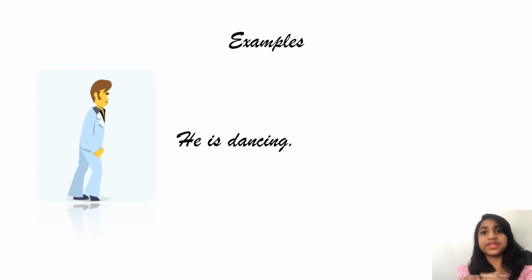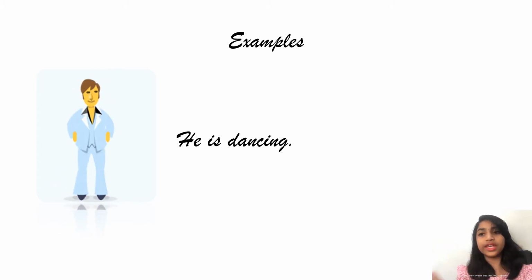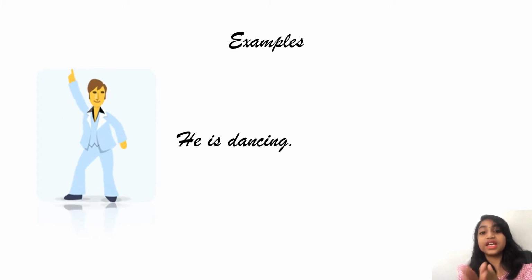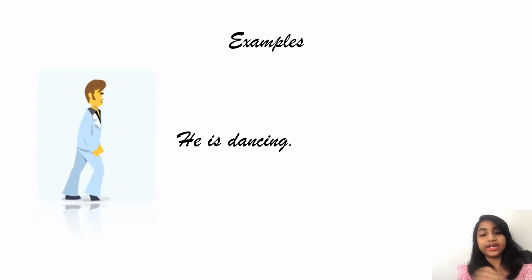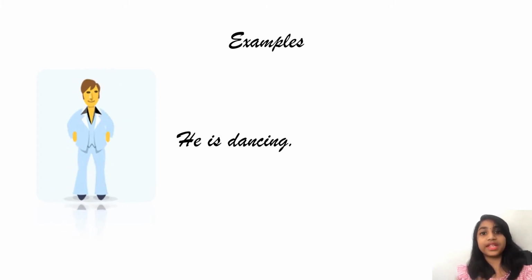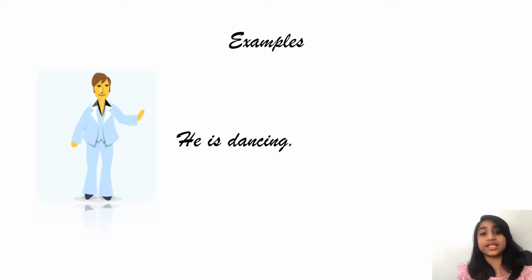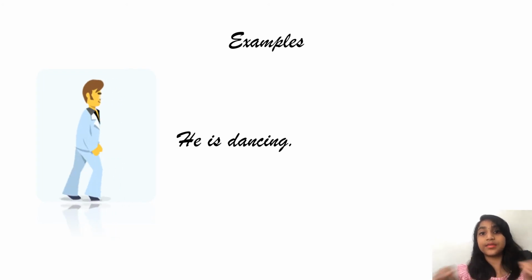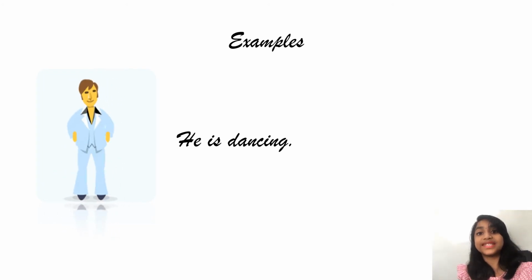He is a third person singular, so we use is. Dancing: if we split it into two, dance is the verb and ing is the helper. Okay, so we get this sentence complete and it is in the present continuous tense. Let's move on.